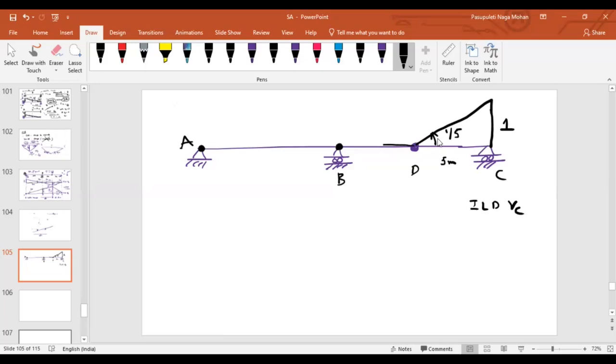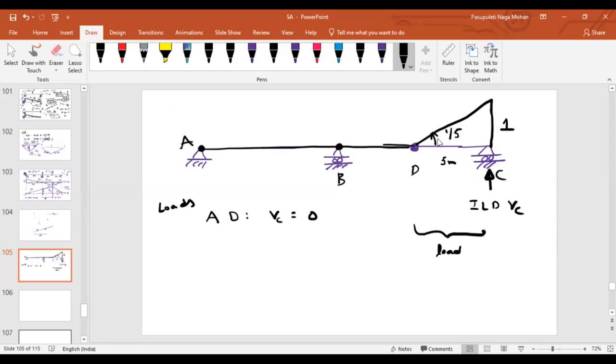So if the load is in between A to C, or in between A to D, what about the vertical reaction at C? 0. If the load is in between AC, what is the vertical reaction? 0. That means the reaction at C will develop only if the load is in the portion D to C. Otherwise, the remaining portion is 0.